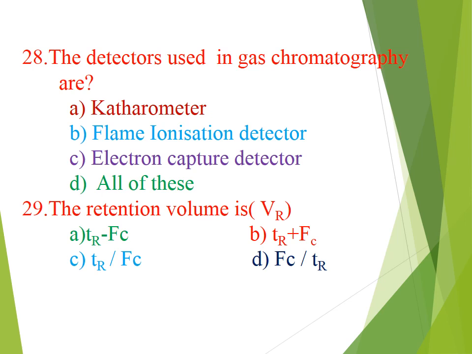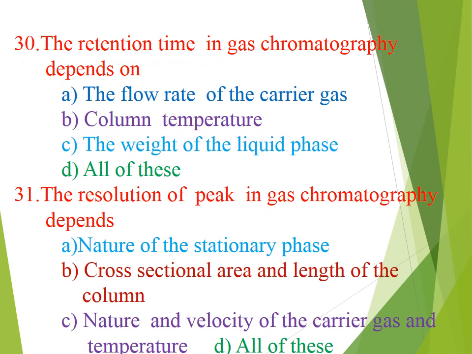All the three detectors are used in gas chromatography. Therefore, the option D is correct. 29. The retention volume VR, the correct answer is TR times FC. The TR is the retention time, and FC is the flow rate of the carrier gas. Therefore, option A is correct.